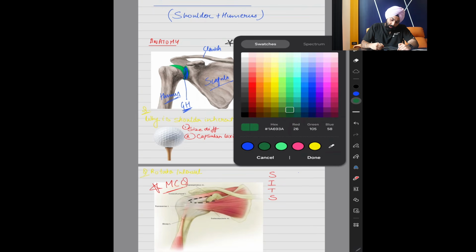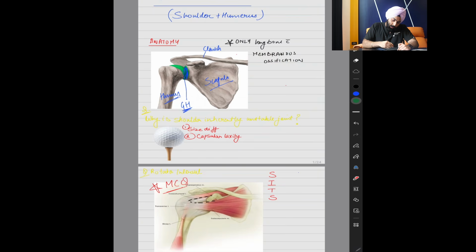We also have articulations of the scapula at the acromion process. So this is the acromion process, and this other process anteriorly is the coracoid process. So the ligamentous attachments are present here.